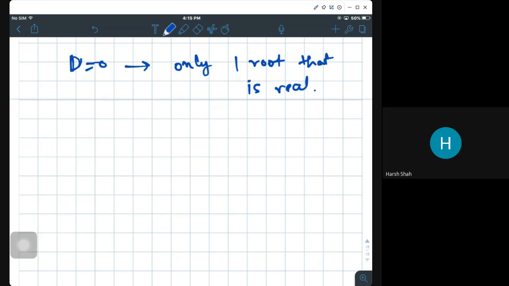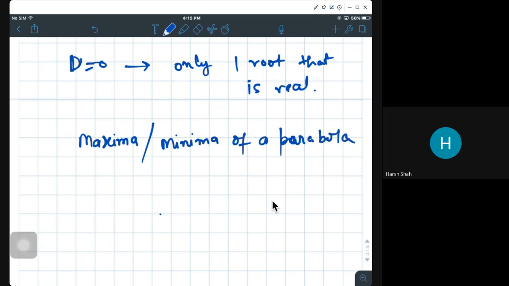After this, we have maxima or minima of a parabola. Now if you know differentiation, well and good, you don't need to see this.